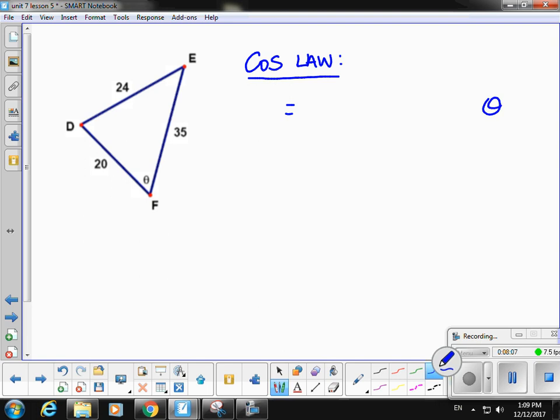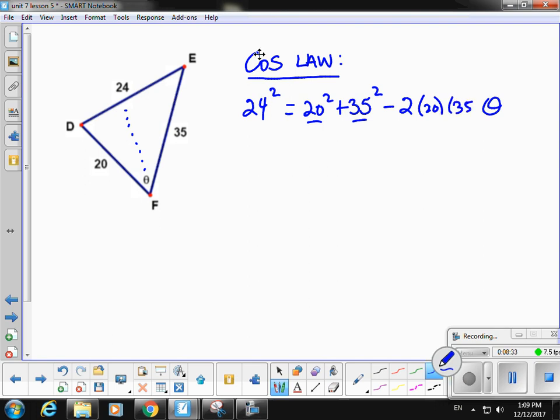I have to start my cos law with the opposite side to that angle. So I've got to set it up as 24 squared equals 20 squared plus 35 squared. That looks like the Pythagorean theorem, but we subtract 2 times one of each of these, 20 and 35.